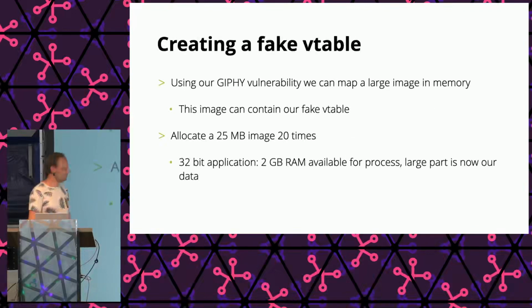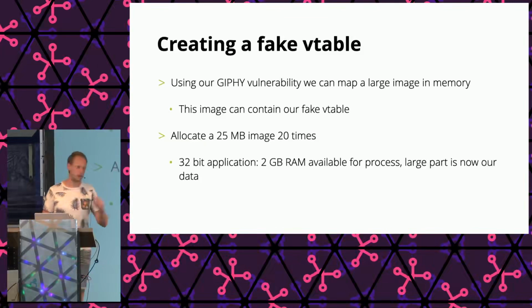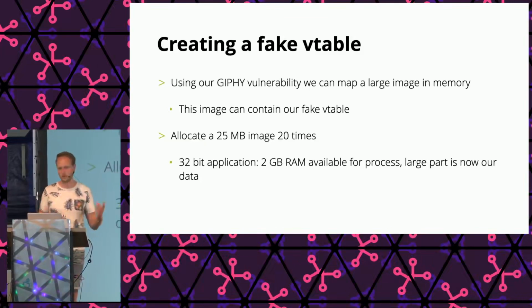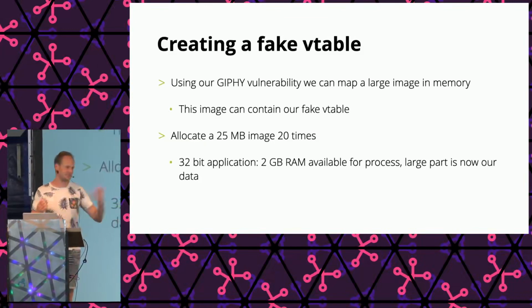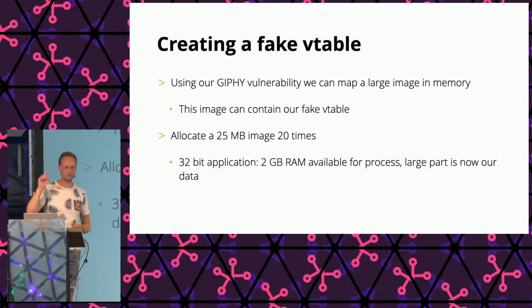So we used a GIF image that actually contained our vtable with a list of pointers. And we just sent that image multiple times. We create an image of 25 megabytes, and we send that 20 times. That means that 500 megabytes of the 2 gigabytes is containing our data. This was enough data so that we could predictably say, okay, this random address will always contain our fake vtable.